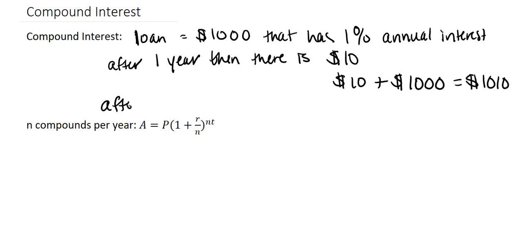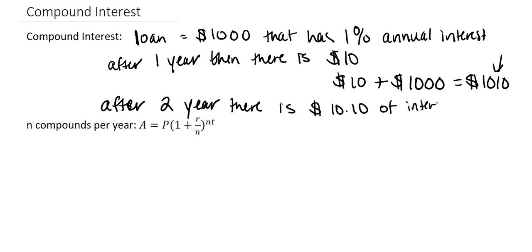So then after the second year, you're going to get interest on this. It's not the initial amount, it's off this with the interest already. So then there is $10.10 of interest.